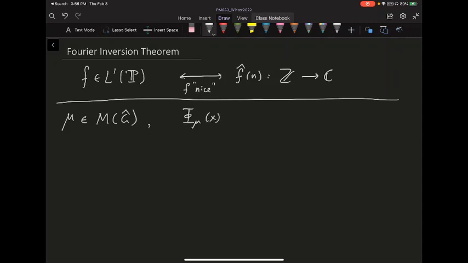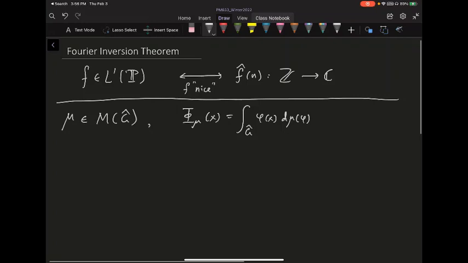For every x in G, you define it as the integral of phi of x against mu, where mu is a measure on G hat, integrating over the characters phi in G hat. This function is a function from G to the complex numbers. It looks like a way of transforming from the Fourier transform back to your functions, which is why it's often called the inverse Fourier transform.